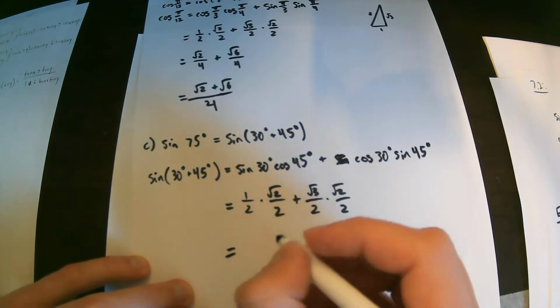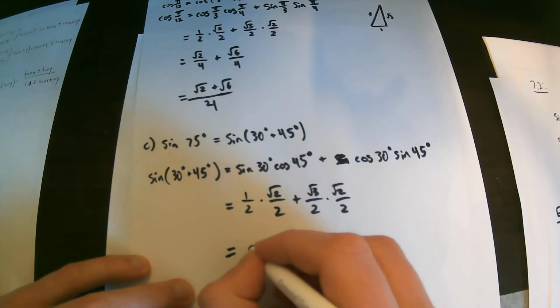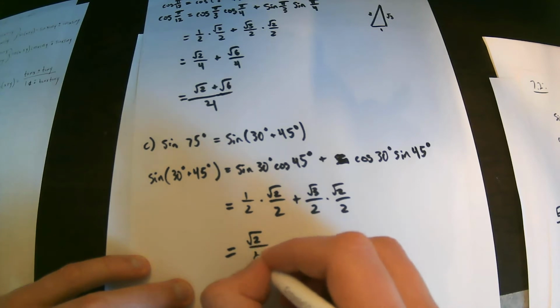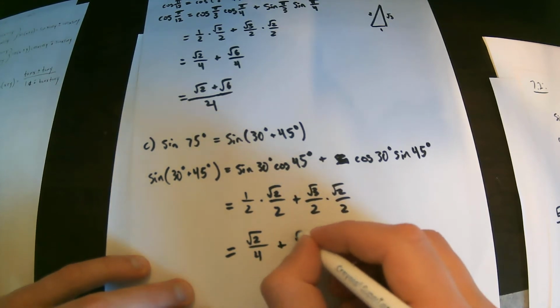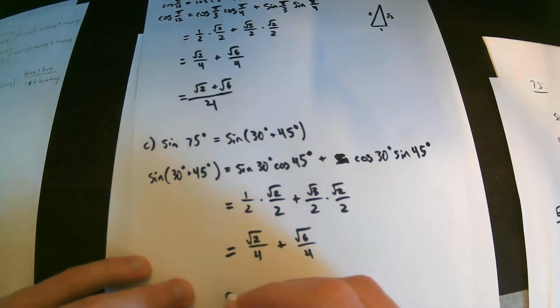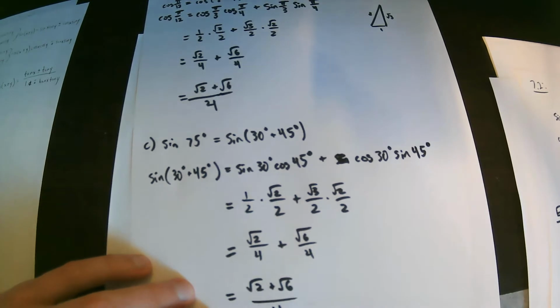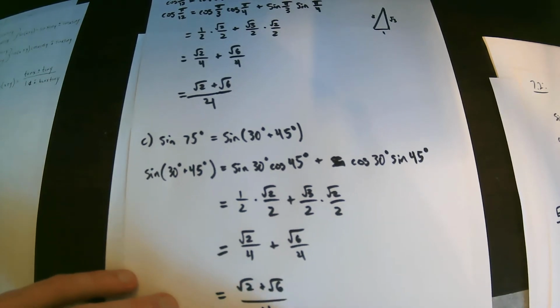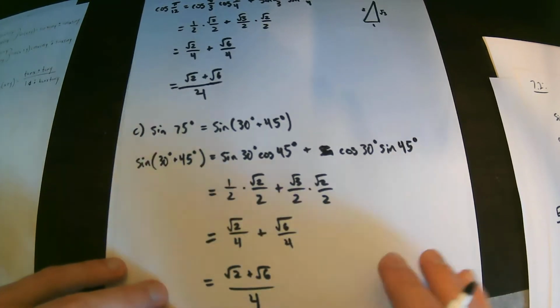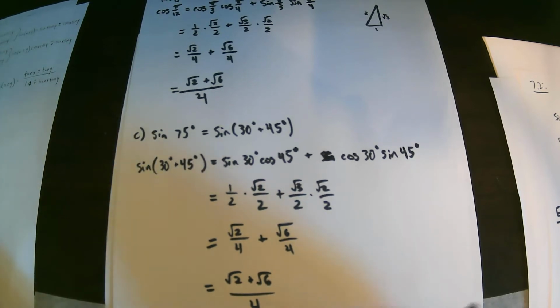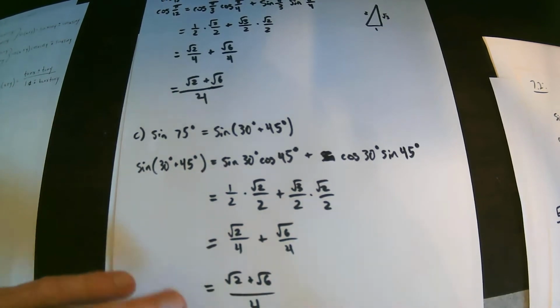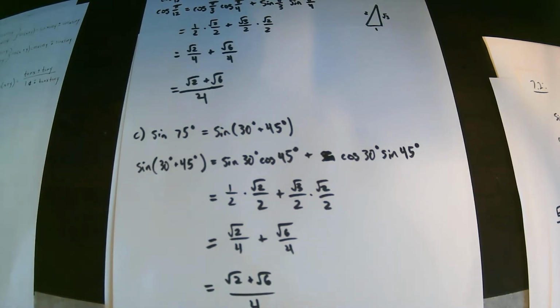And then cleaning all this up, I'm going to end up with square root of 2 over 4 plus square root of 6 over 4, which is equal to square root of 2 plus square root of 6 all over 4. So very similar answer. And it's a similar answer because so far all of these angles have been very similar. All of them are involving pi on 4 and either pi on 6 or pi on 3.